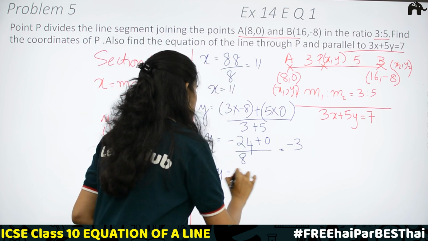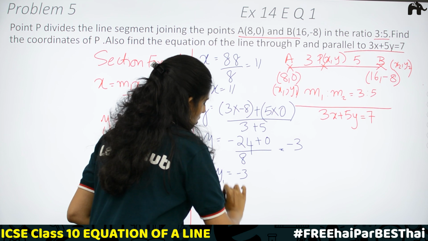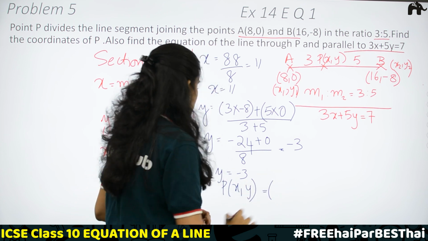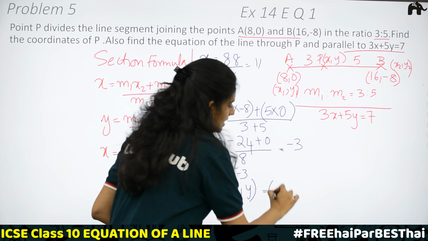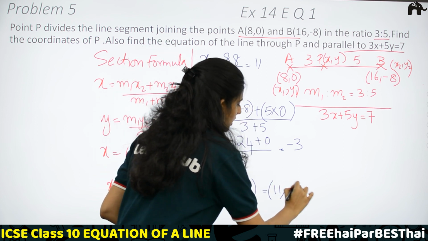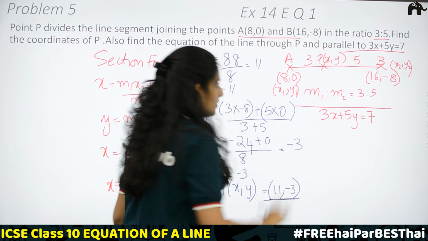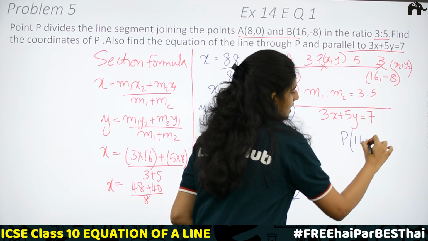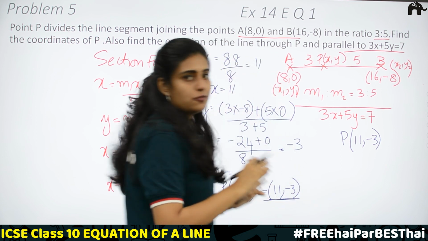Y coordinate is minus 3. Therefore, for the point P, we have the x coordinate 11 and the y coordinate minus 3. Okay. Point P has x coordinate 11 and y coordinate minus 3. So, first part is complete.